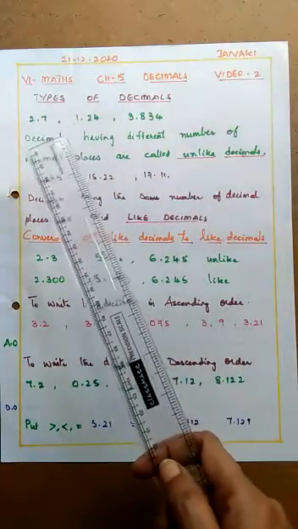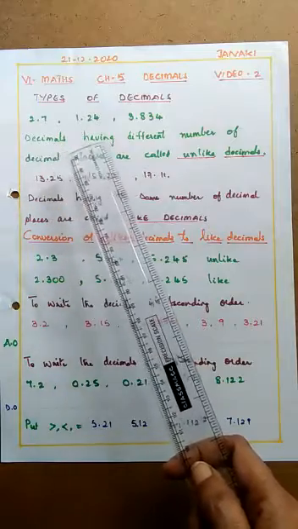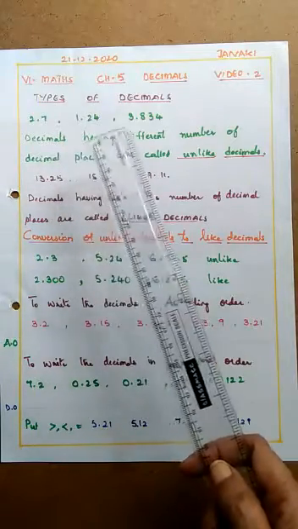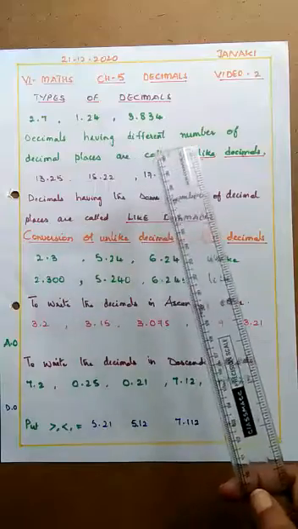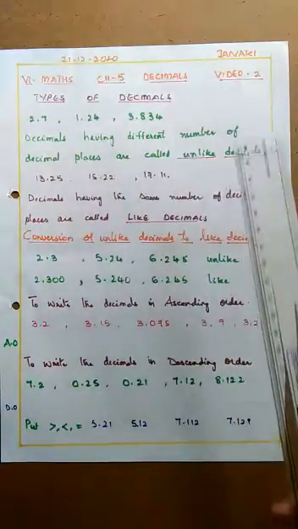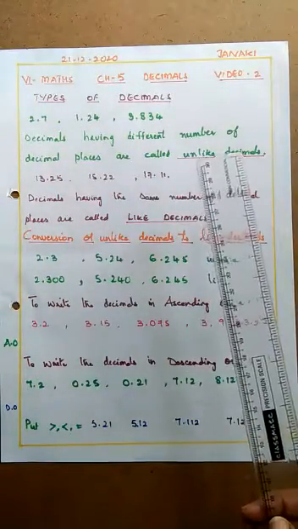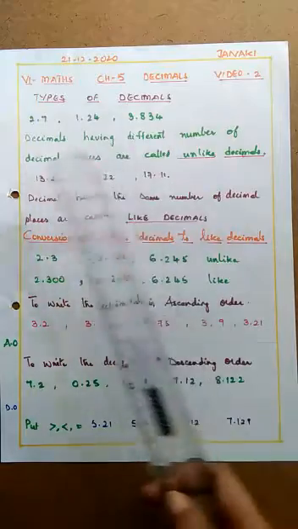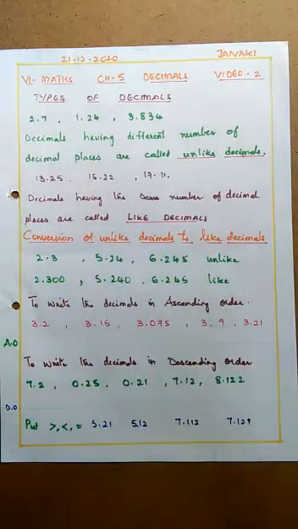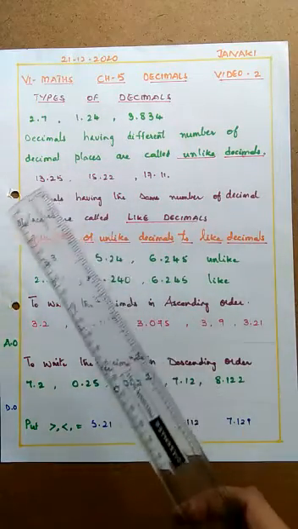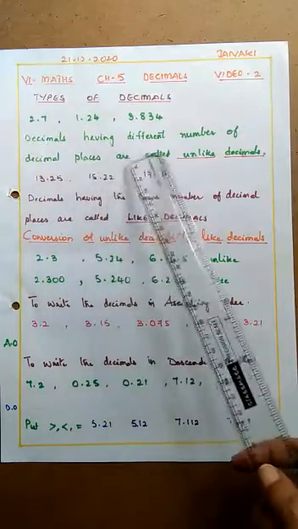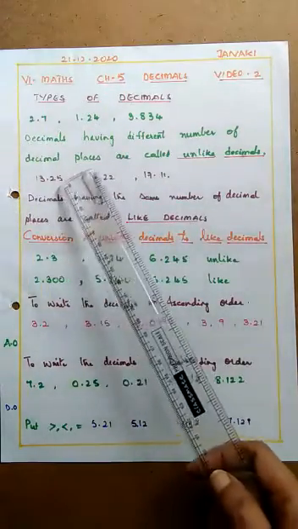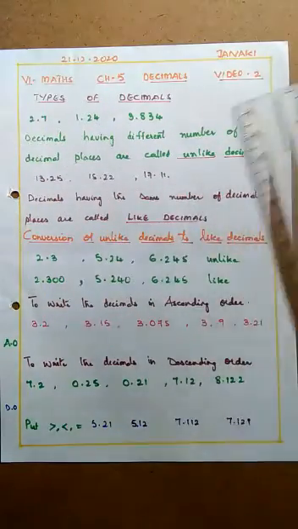So you can write them as unlike decimals because the number of decimal places are varying. So here is the definition: decimals having different number of decimal places are called unlike decimals.